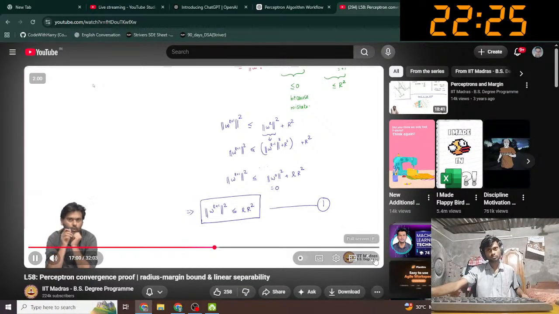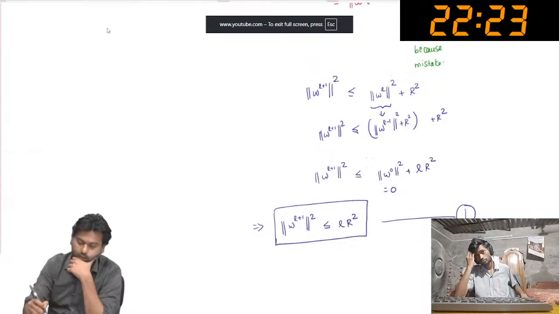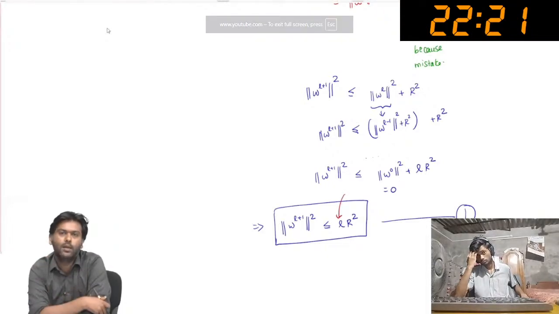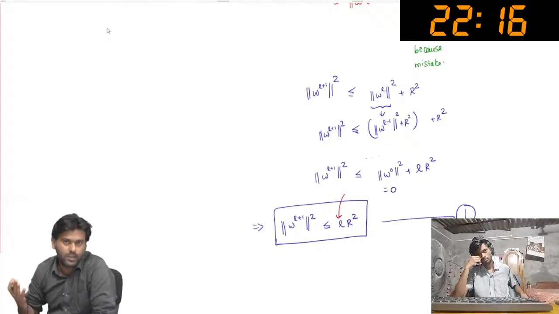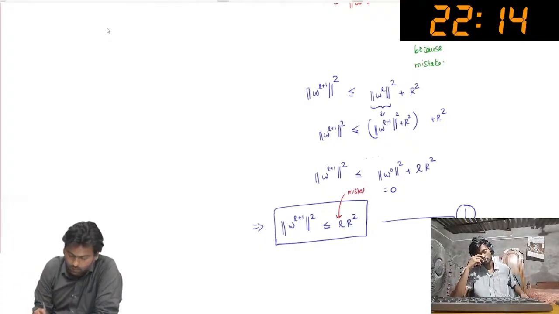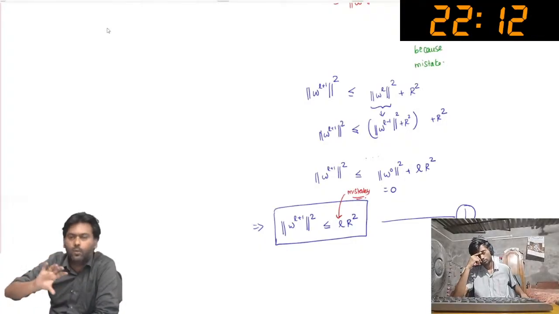It can grow only by L times r squared for the W that we are maintaining. Now remember, this L makes an appearance here. That's the interesting part. L is the number of mistakes that we have made so far, right? So we have made L different updates for our W, and so that is the number of mistakes that has happened. So somehow we are converting our length of W into a bound on the number of mistakes.